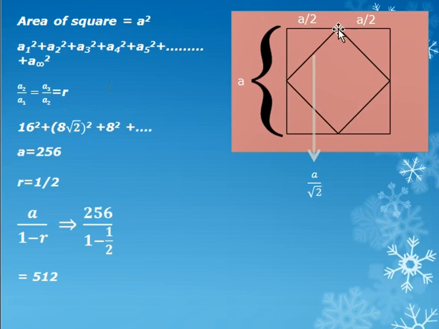So this point over here divides this line into two equal parts, a by 2 and a by 2. Similarly, all of these small parts are a by 2. Now let's just consider two adjacent and perpendicular a by 2 sides.